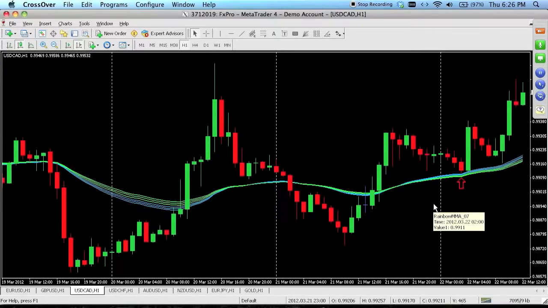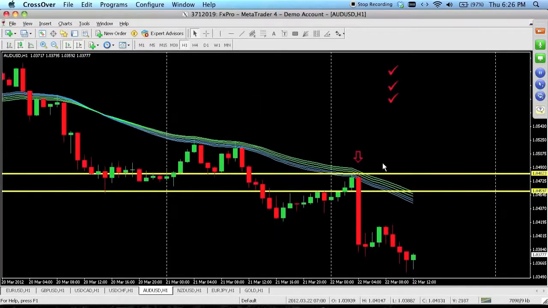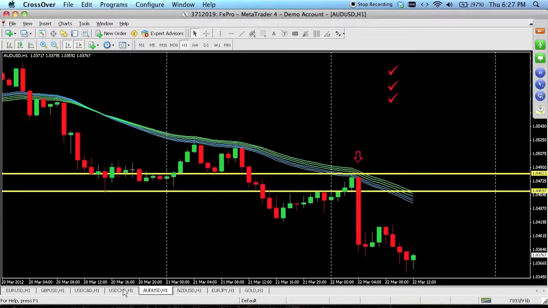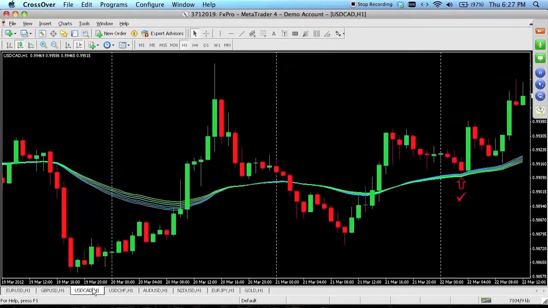Tell you what, in this particular case now that we're looking at correlation, this is a win. Why? Because Aussie dollar, we have a sell. That means opposite on these two pairs, which would mean buy on these two pairs. Now, we have a touch on US dollar CAD.